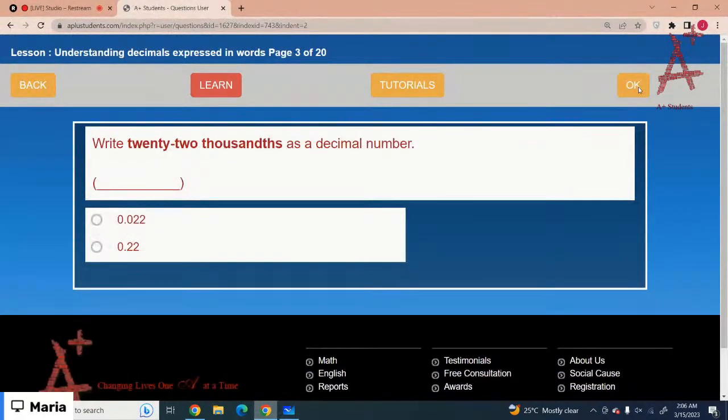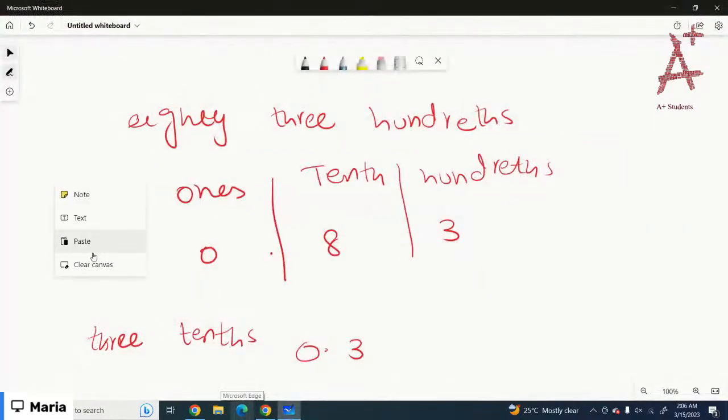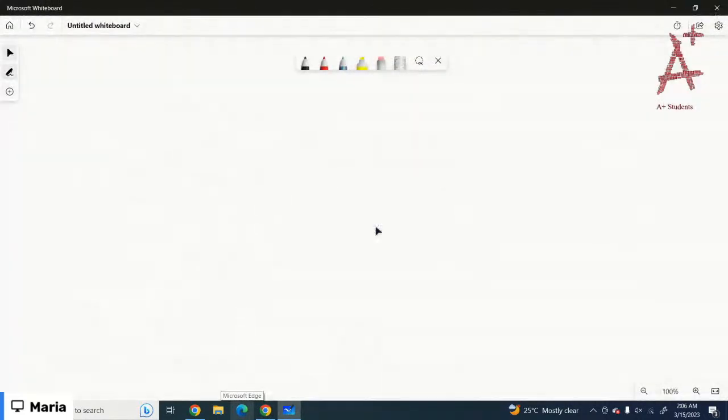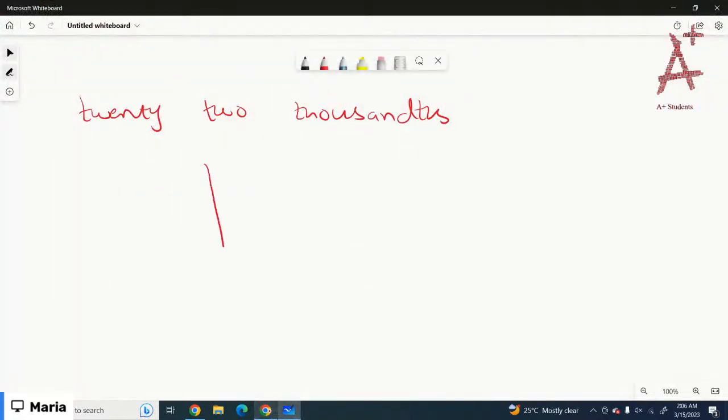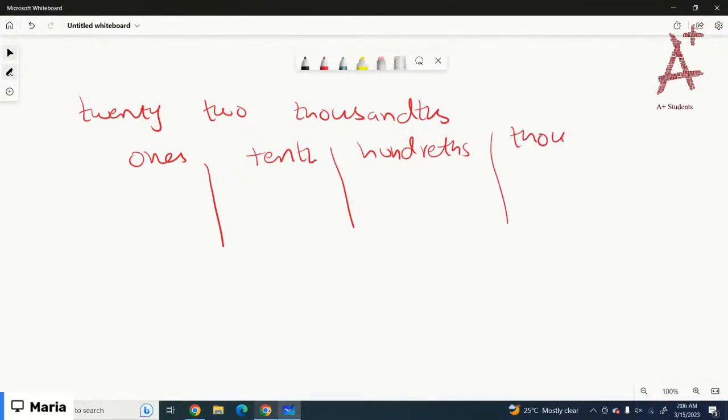22 thousandths. Write 22 thousandths as a decimal. It would be ones, tenths, hundredths, and thousandths.